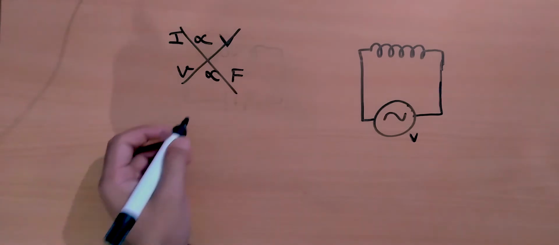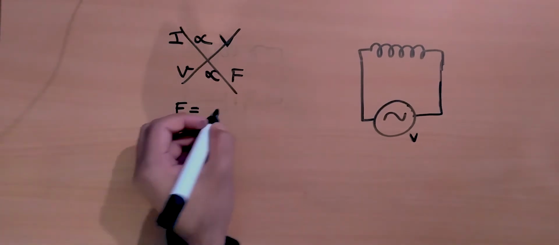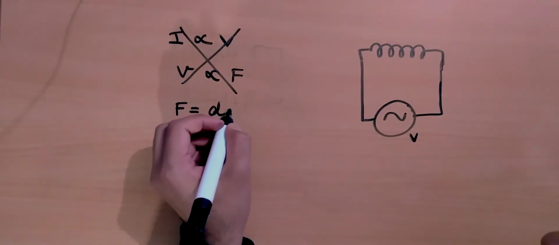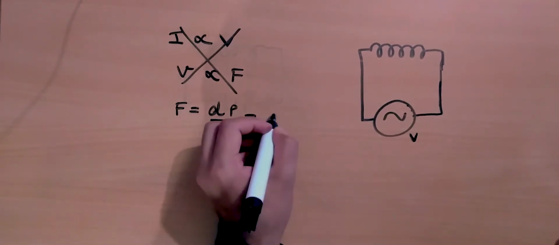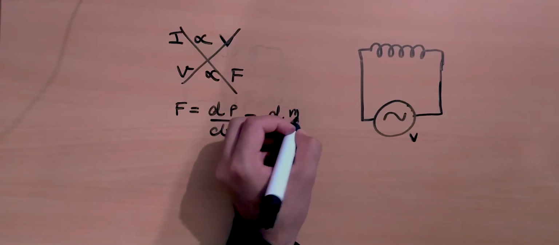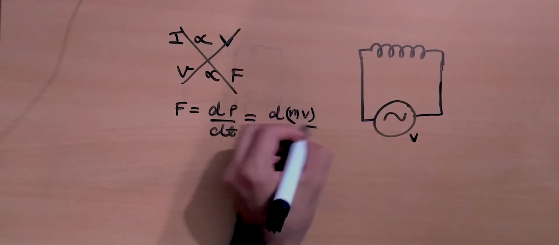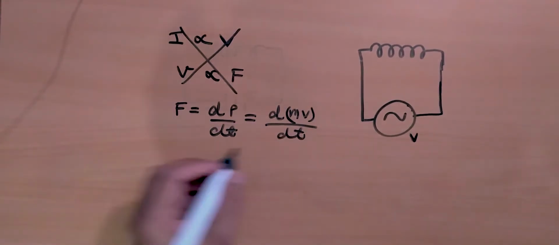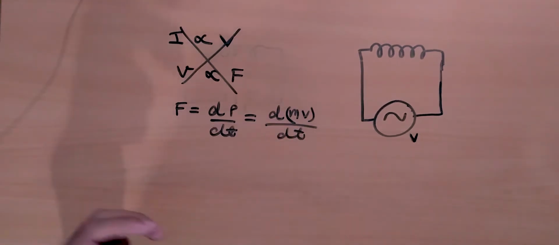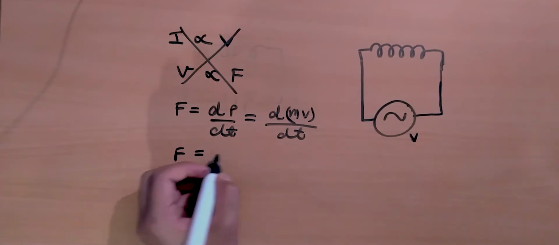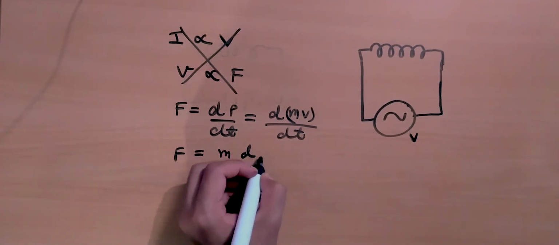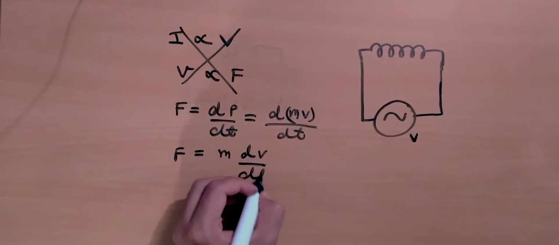So we know that force is nothing but the rate of change of momentum, dp by dt. And what is momentum? Momentum is nothing but mass times velocity, and because the mass of an object generally remains constant, I can write that as force equals mass times dv by dt.